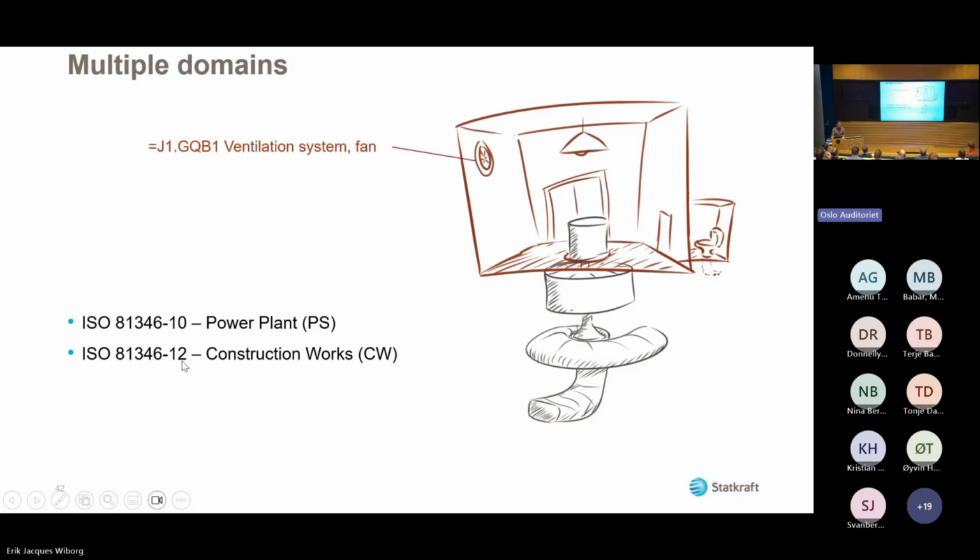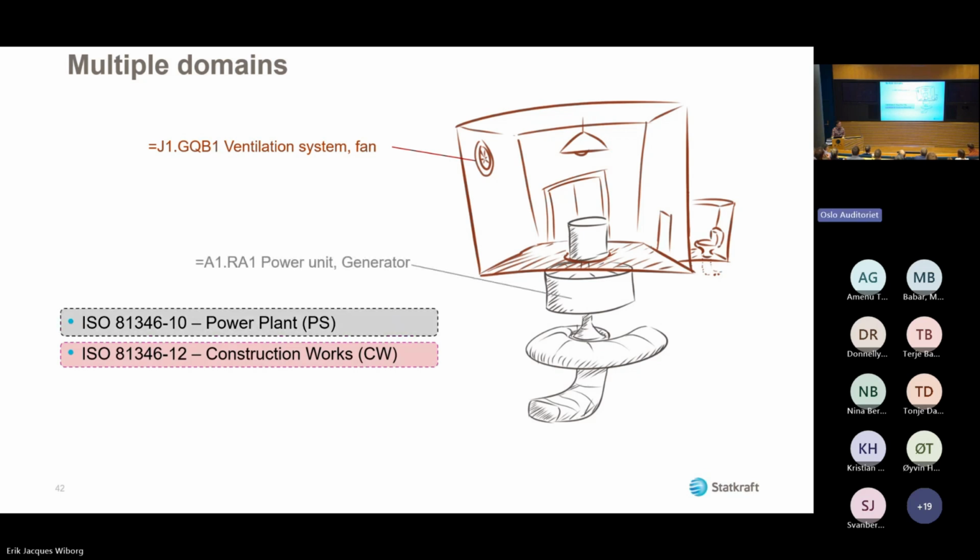So if we want to designate the fan for the ventilation system in the building, we will use construction works. But if we're talking about the generator, we'll use the power plant structure. Why? It makes things so much more complicated to use different tables. But there's a good reason.